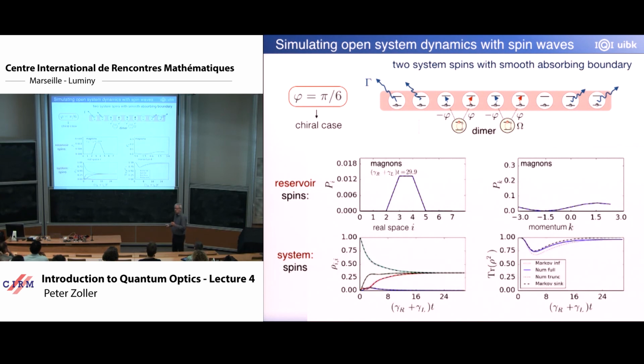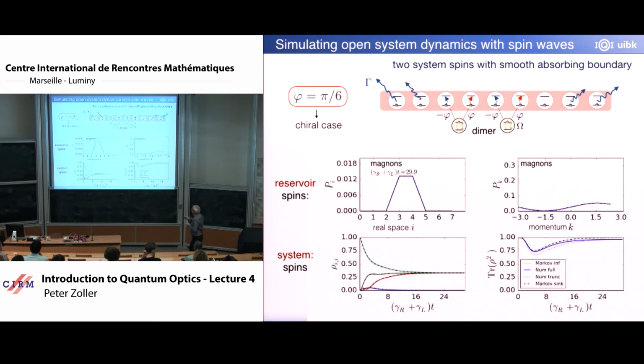This is an example of a chiral system, and a chiral system simply means that overall this block that we have over here and also this one only generates right-propagating photons, or magnons in this case, and not left-propagating ones. And the reason is quantum interference, because we put in these extra phases to get, on the level of the single atom, quantum interference so that emission only goes essentially one way.